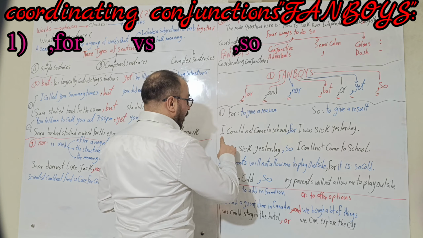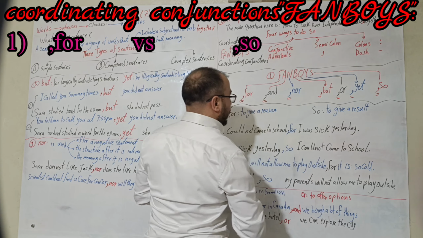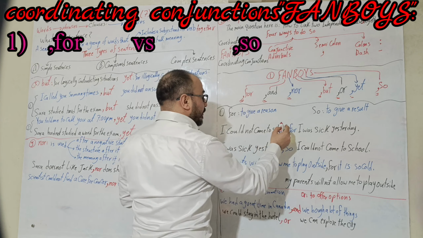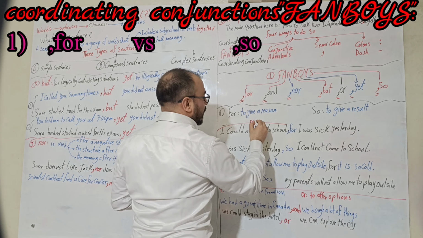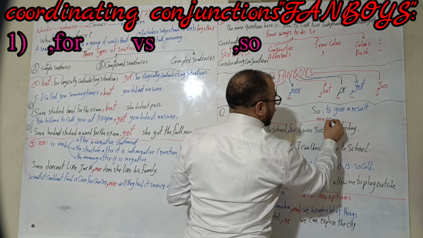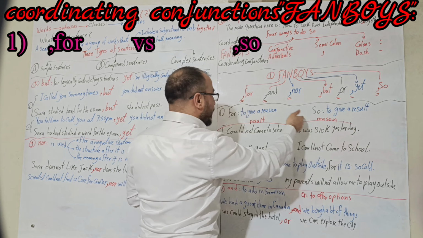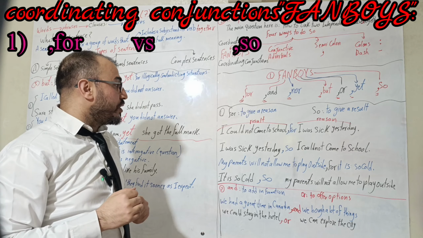In here, I could not come to school, for I was sick yesterday. In here, I have a result, my friends, and here, I'm giving a reason for this result. So I use for to give an explanation or a reason for a statement or a situation.